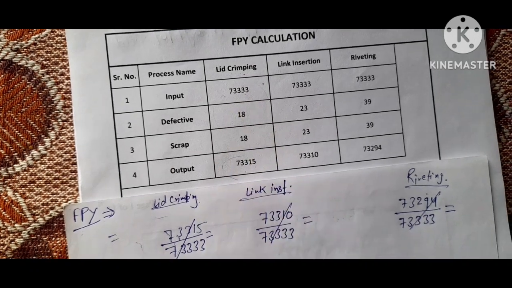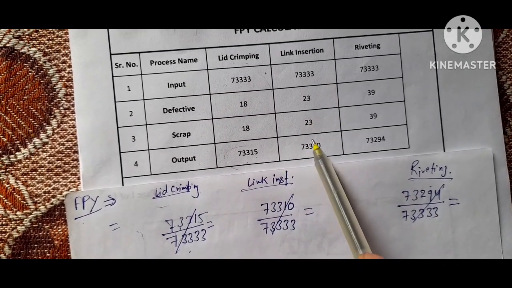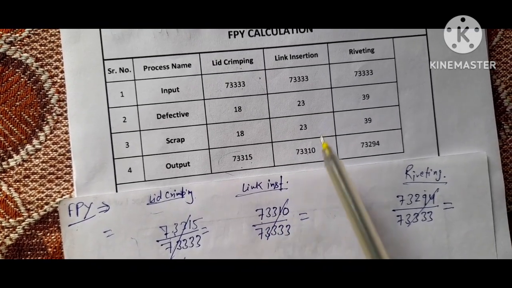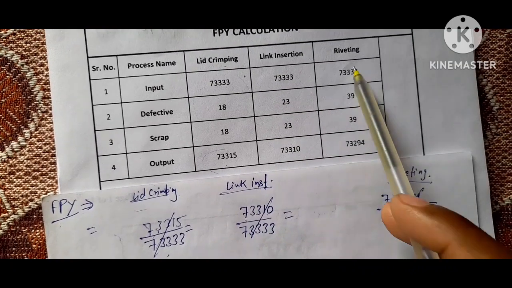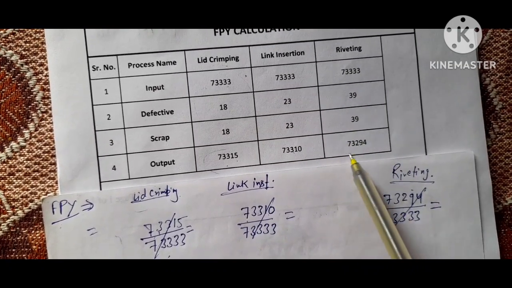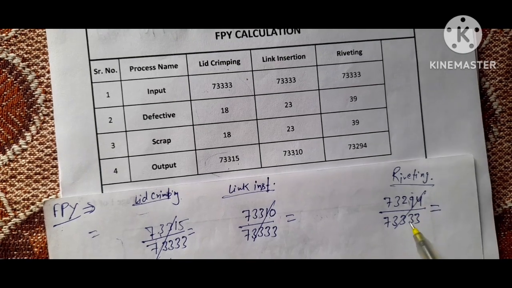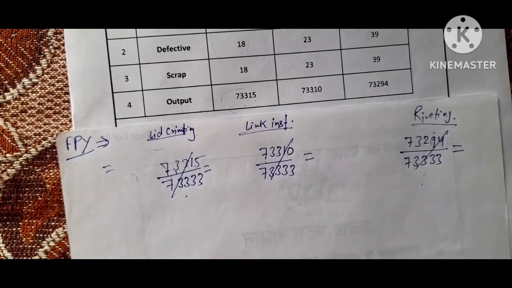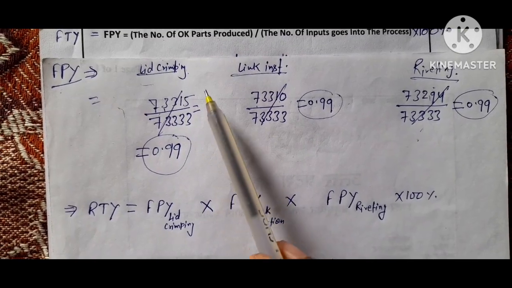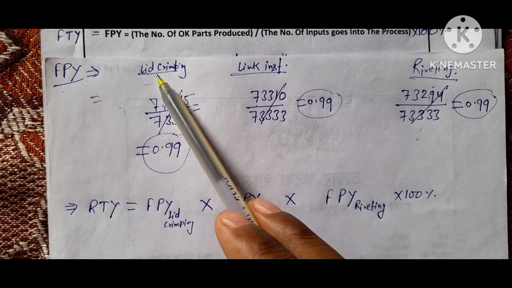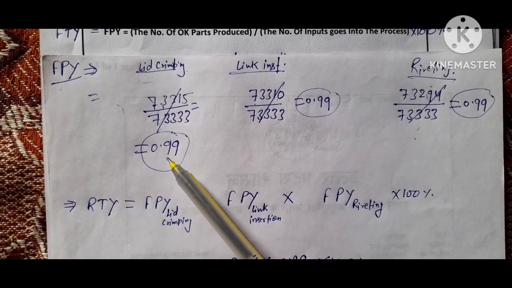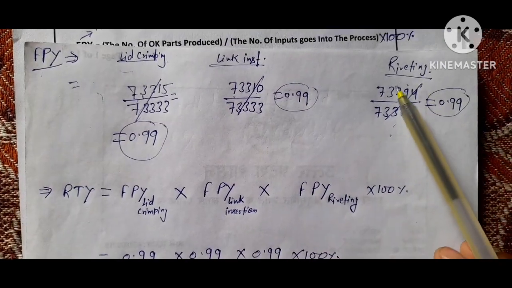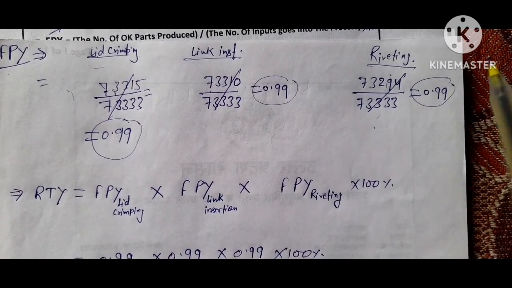In link insertion the OK parts are 73310 divided by input, and in the riveting process the OK parts are 73294 divided by total input parts. After calculation, the value comes out 0.99 for lead crimping, 0.99 for link insertion, and 0.99 for riveting.